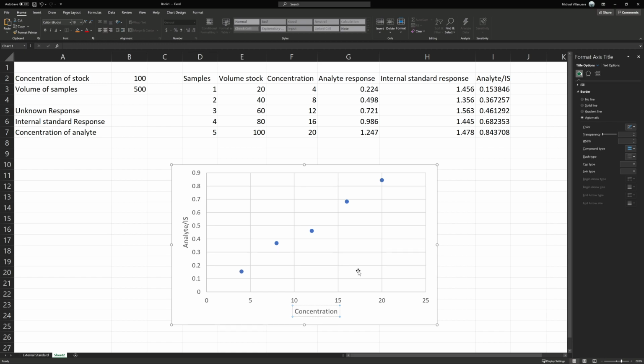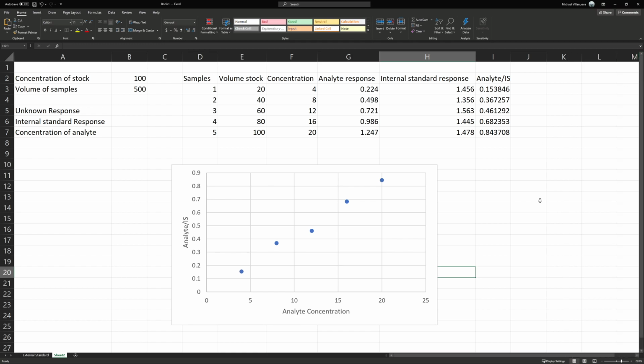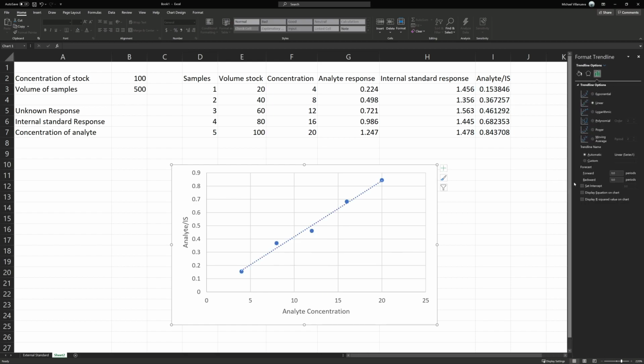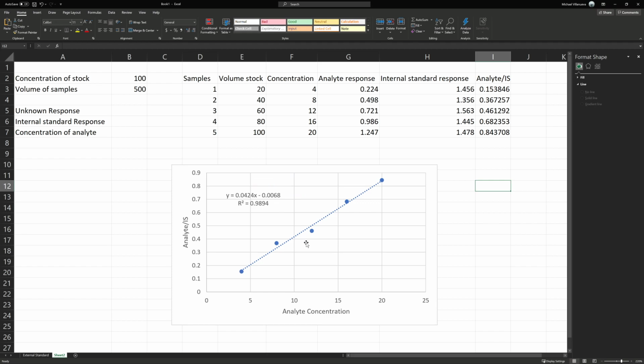Call this analyte concentration. So now we could right click here. We could click add trend line. Going to display, and we're going to show an R-squared. Here we have all of our information, and pretty much at this point, we would be done.